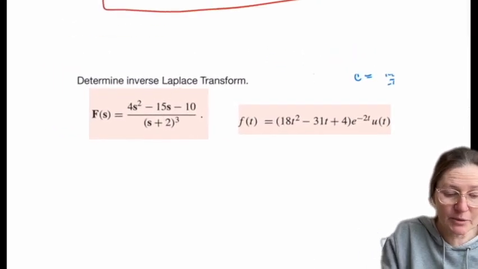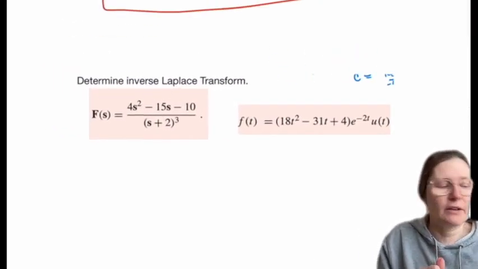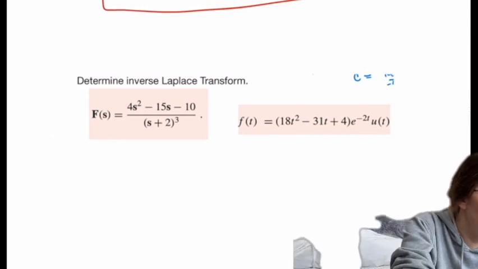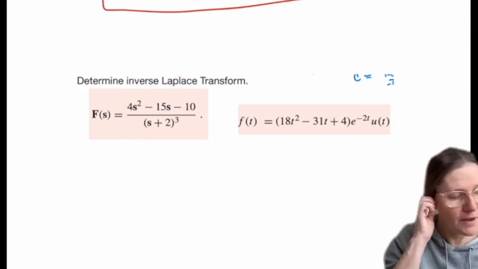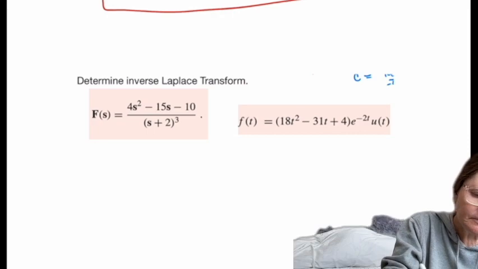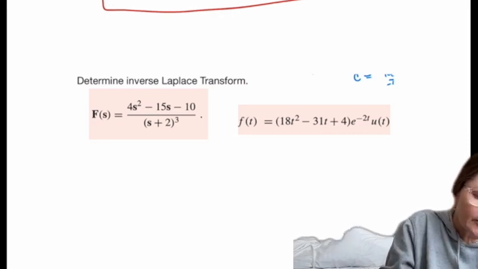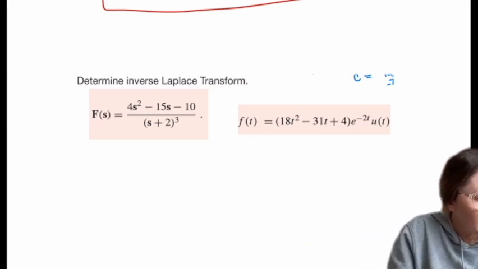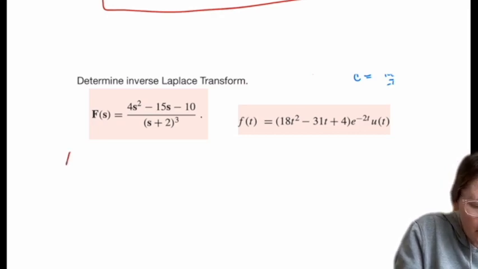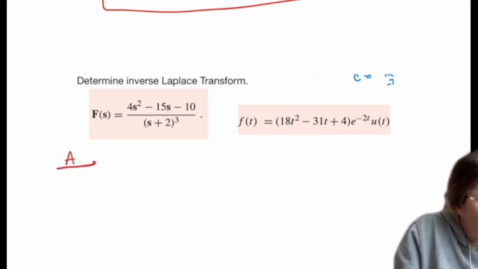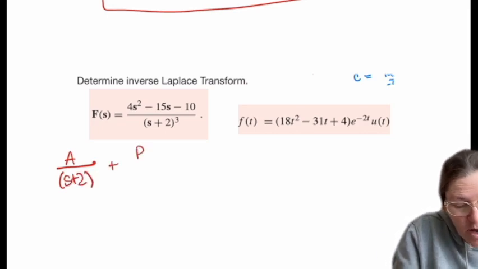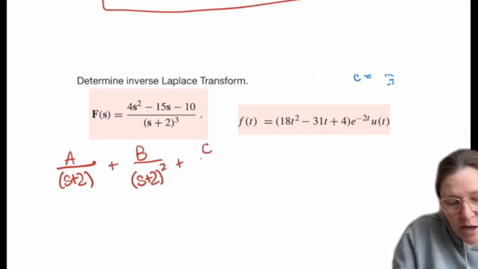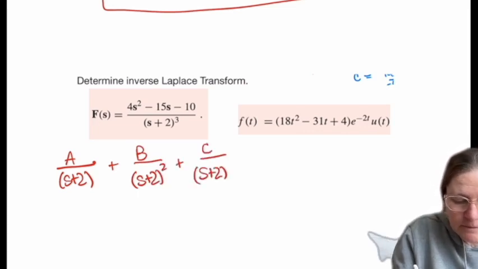this is where you have repeated roots. So in this one, your form is going to be a little different. The form that you're going to transform it into goes a over, you start at the beginning one, which is 1, and then you have a squared of it, and then you have a cubed of it.